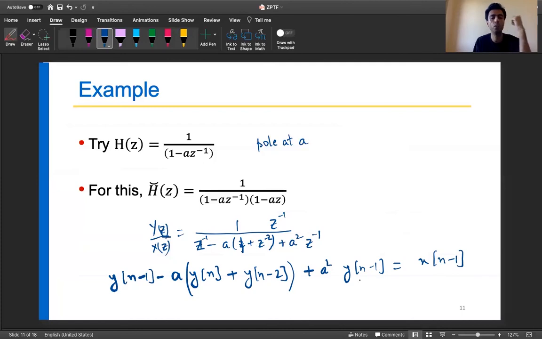Yes. So now, if I try to implement it from y[n], this implementation will be causal, but this implementation won't be stable.